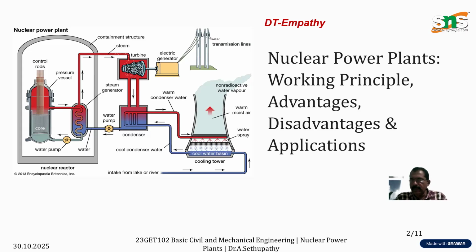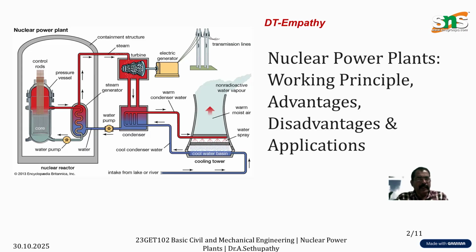This is one of the main circuits. If there is any fault or problem, the nuclear vessel will burst and the nuclear atoms will be sent through the surrounding areas as radiation. So this is very dangerous for a nuclear power plant.